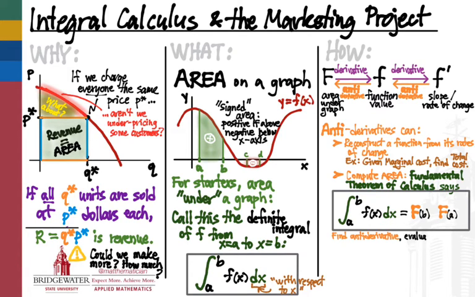The next thing I'll do is I'll evaluate that antiderivative at my two x values, at my right-hand x value and also at my left-hand x value. I'll put the right-hand one first, the left-hand one second. So big F of b over here, big F of a over there. And then to get my value for my definite integral, I'll just subtract the former minus the latter. So this fact here in the gray box is what we call the fundamental theorem of calculus.